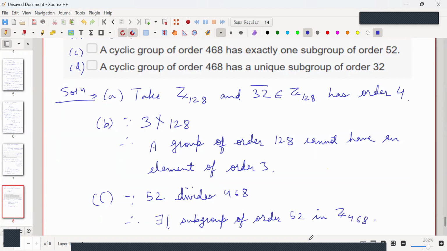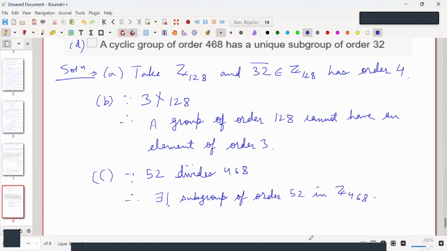And this is not true for the same reason, because 32 is not dividing this, right? Yes, sir. It's not dividing 468.